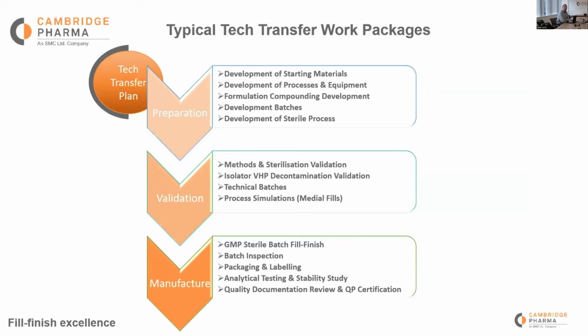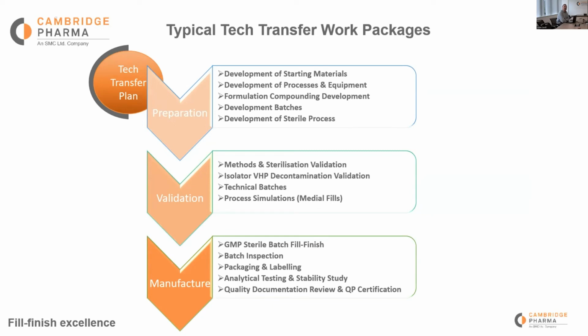Okay, so one of the critical factors in transferring a new product into manufacture is the tech transfer process. You know, the experience of the team, based in previous lives, is that this is a critical phase to do that transfer. And we understand that companies may be in different states of development when they come to transfer into Cambridge Pharma.